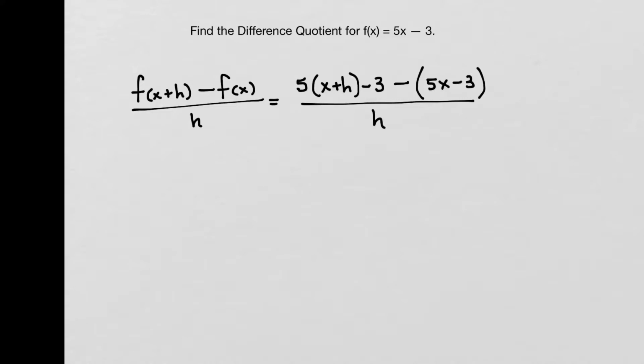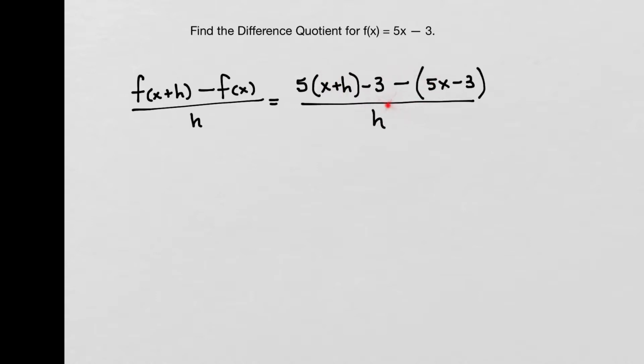So I started by writing my formula, and then I plugged in x plus h where I need to. So we have 5 times the quantity x plus h minus 3, and that's f of x plus h, and then minus, we have that here, and remember to use parentheses here, and f of x is just 5x minus 3, so that's what I put inside the parentheses, and that's all over h.